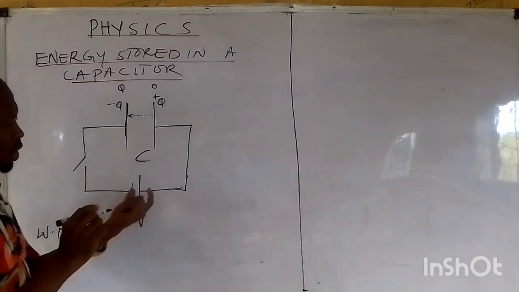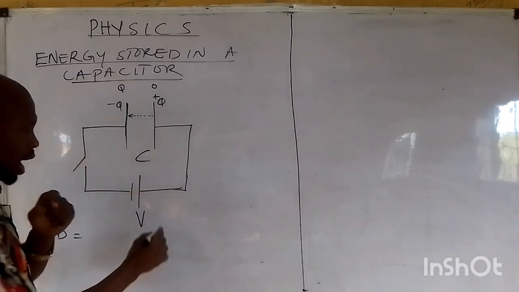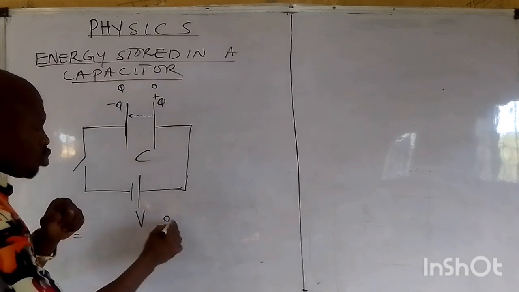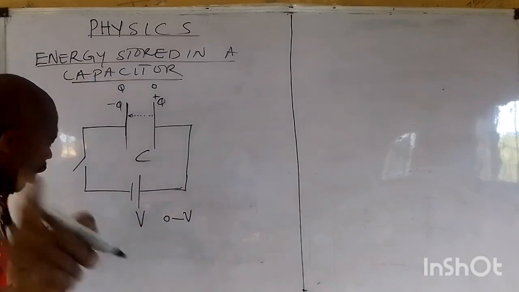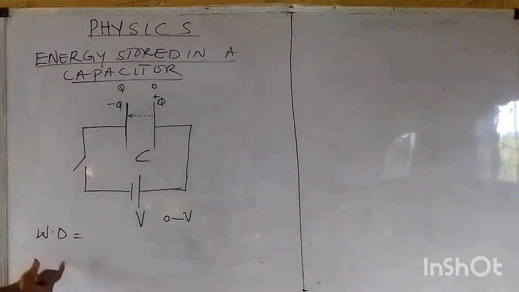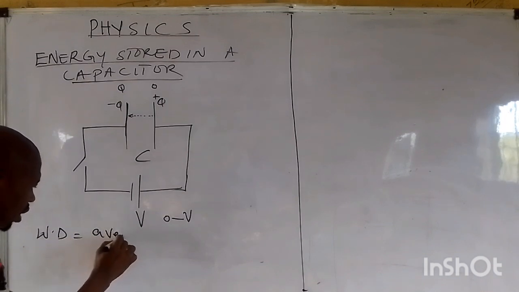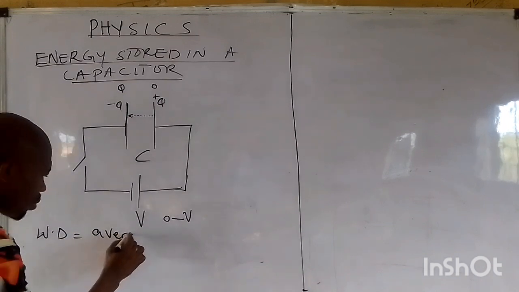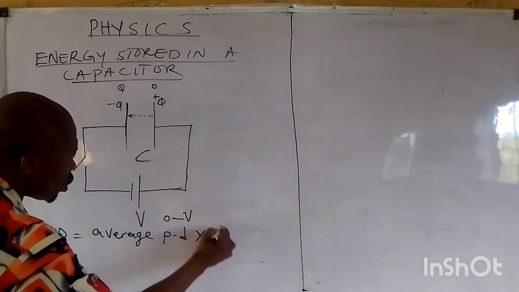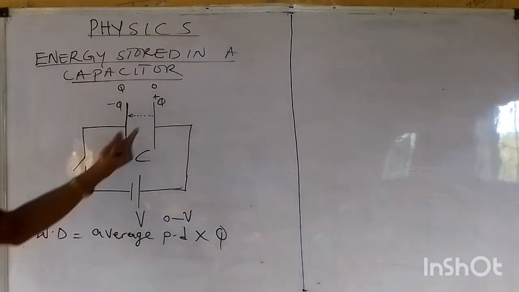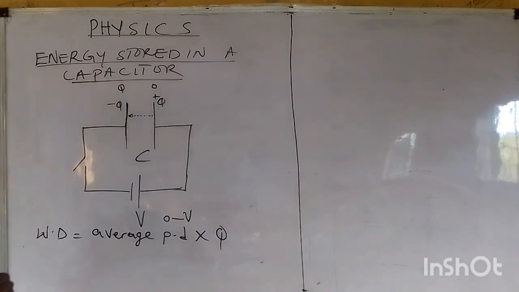Therefore, at this point, we regard it as moving from 0 to V. In other words, we can now have that work done is equal to the average potential difference, average PD, times this charge here, the one we are trying to move.